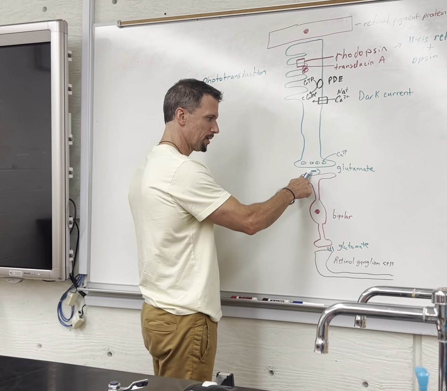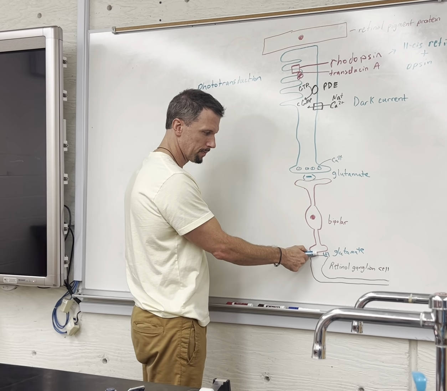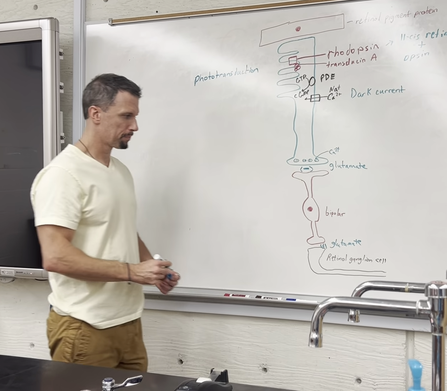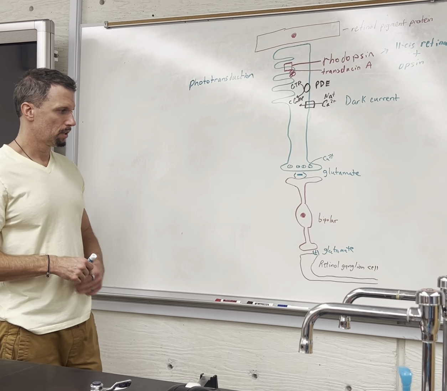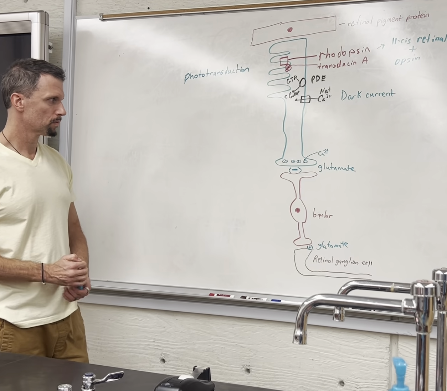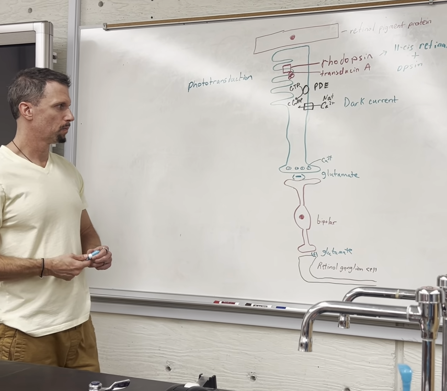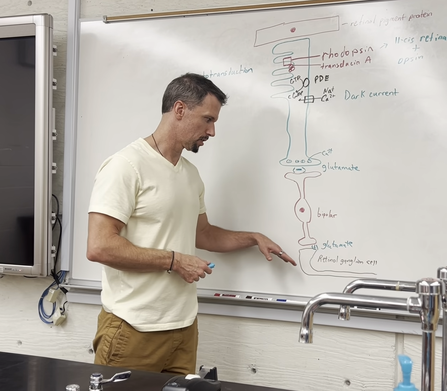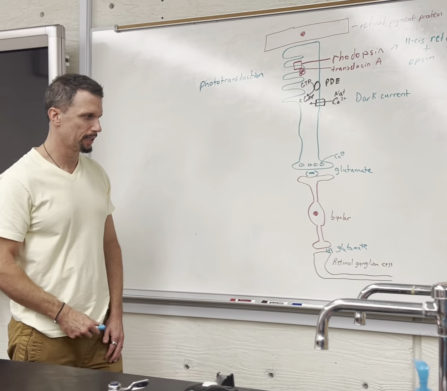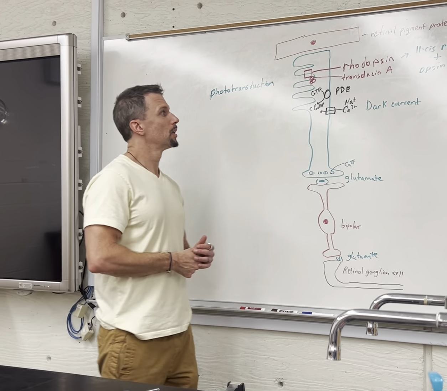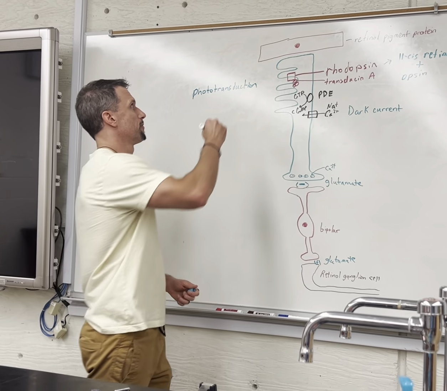So when you have less inhibition here, you have more release here. So you have more release of glutamate, which is going to give you a positive effect on the retinal ganglion cells. So when you have that, you're going to have the action potentials going down, telling the brain that you're in the dark.